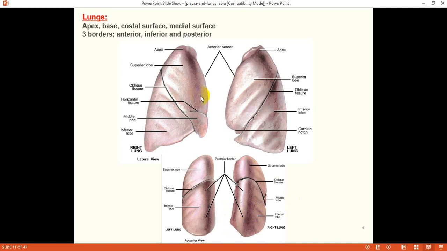Fissures are dividing the lungs into lobes. There is one on the left side and two on the right side, right? So this is the oblique fissure and this is the horizontal fissure. Now we'll observe the features of all these aspects in detail in the next slides.